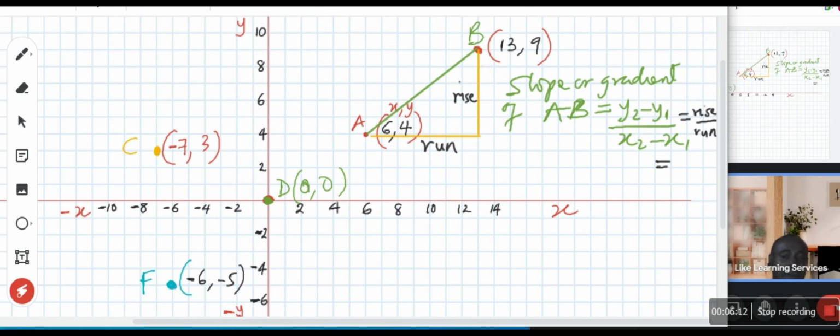That's how high it is. Did you see that? 1, 2, 3, 4, 5. What's the width? The width is 1, 2, 3, 4, 5, 6, 7.